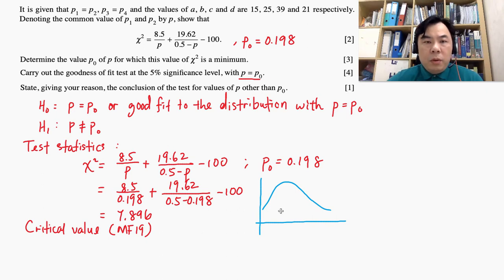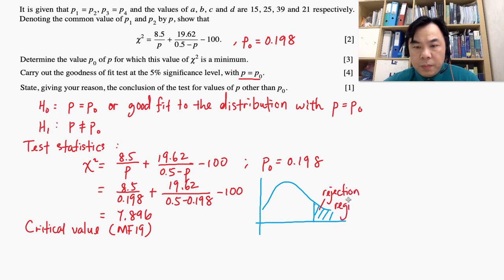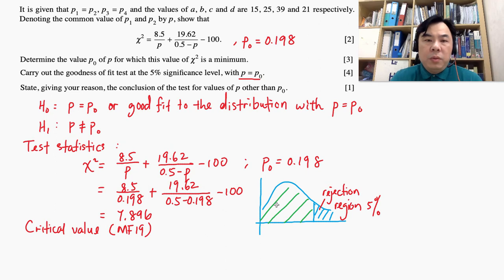For a 5% significance level, this area is what we know as the rejection region, which consists of 5%. In your data booklet MF19, the booklet gives us the area for this region. Because we want the 5% significance level, the remaining region would be 95%.